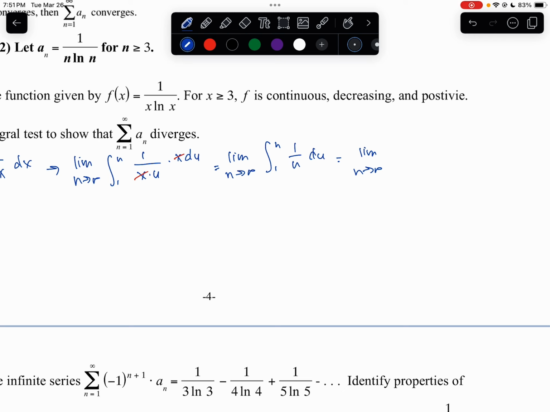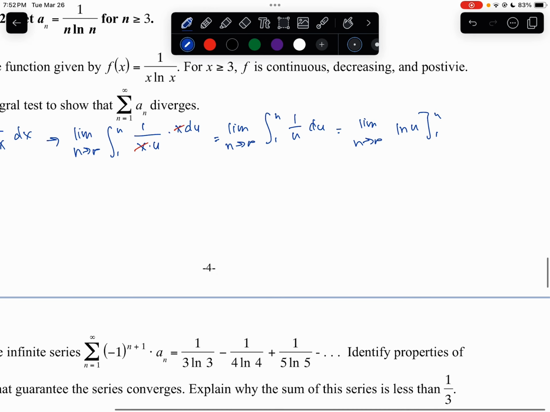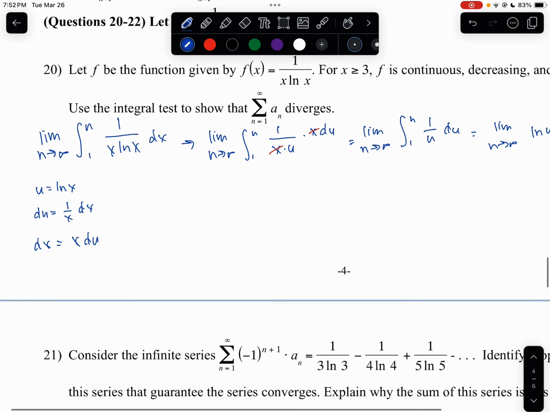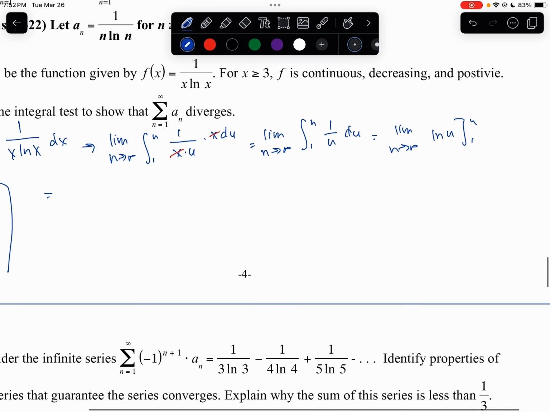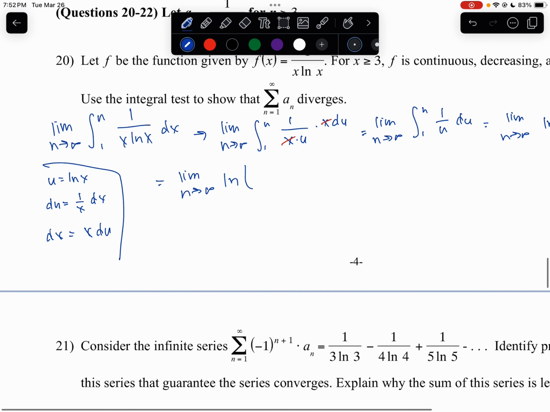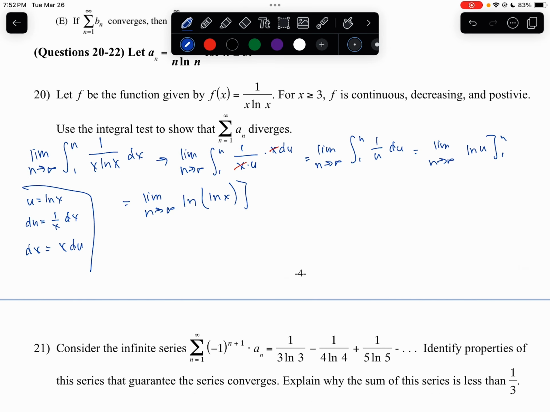The antiderivative of 1 over u is the natural log of u, from 1 to n. I'm going to undo my substitution. So u was the natural log of x, so we have the natural log of x from 1 to n. That's the limit as n approaches infinity of the natural log of n minus the natural log of 1.